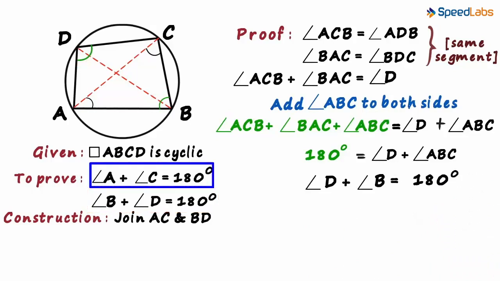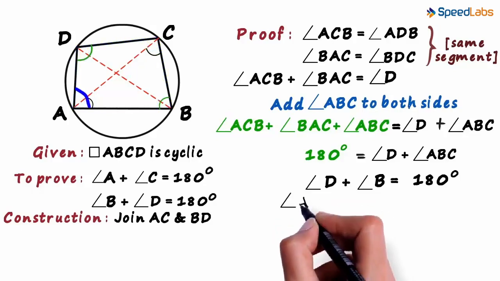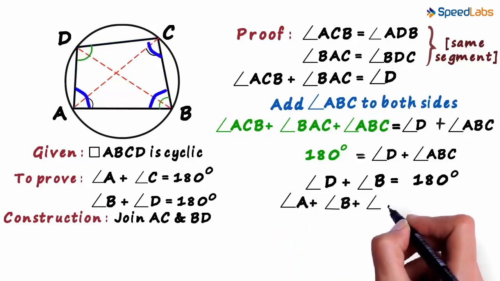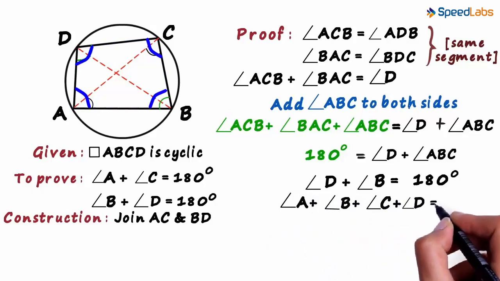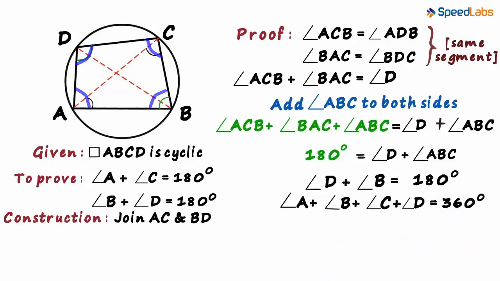What about the second part? The proof of the second part is very simple. We know that the sum of all angles of a quadrilateral is 360 degrees. Angle A plus angle B plus angle C plus angle D equals 360 degrees. And out of these four, we know that B and D add up to 180 degrees.